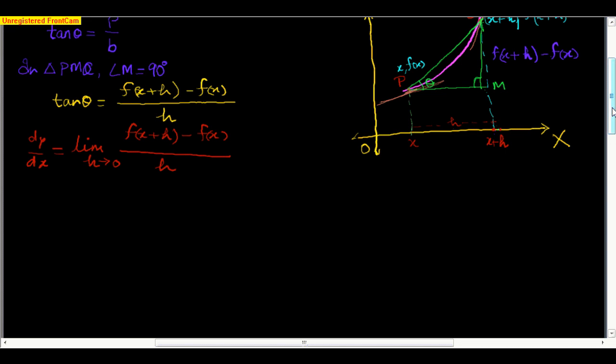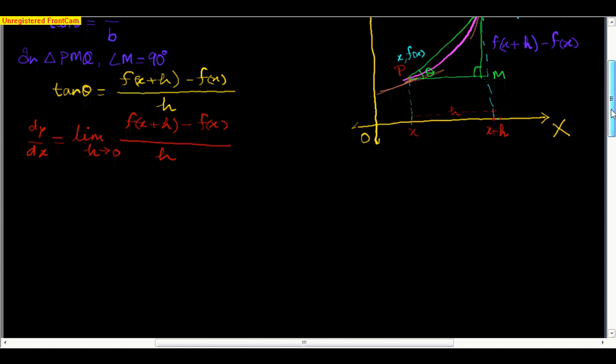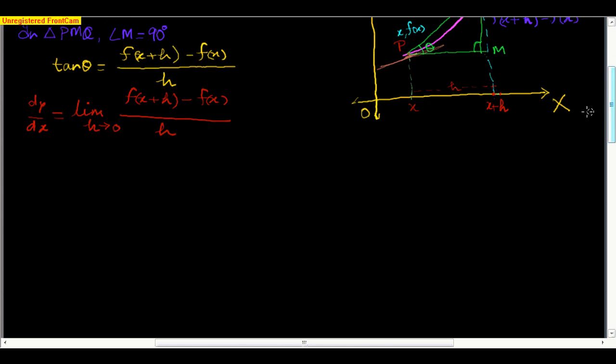So let us see some example. We have a function y is equal to x power n. We have to find the dy dx of this.